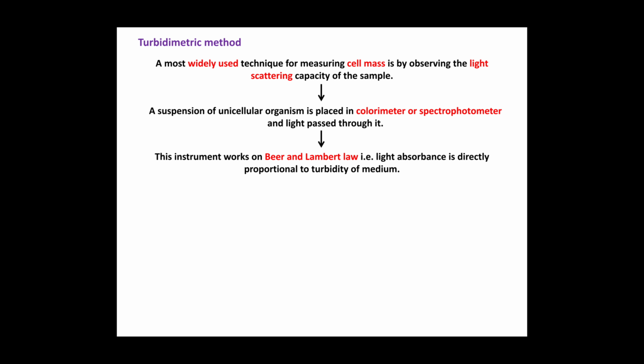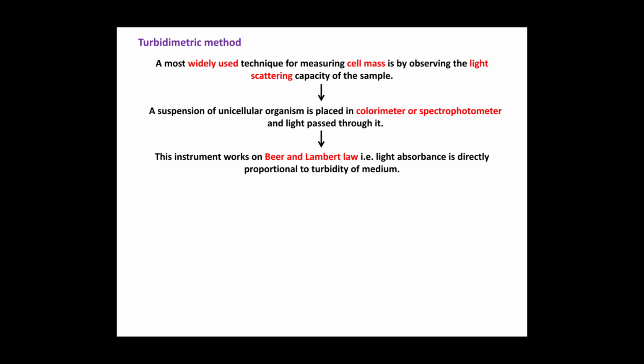This instrument works on Beer and Lambert's law, that is, light absorbance is directly proportional to turbidity of the medium. Every particle has its absorptivity. Absorptivity means the capacity to absorb light.